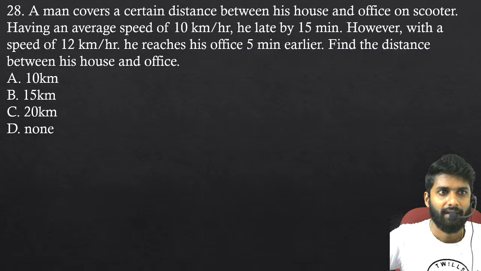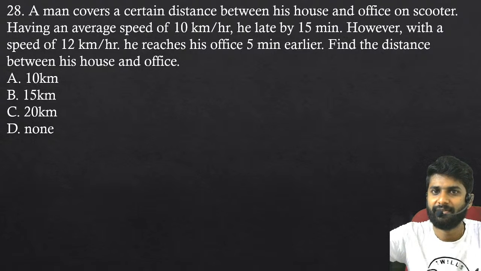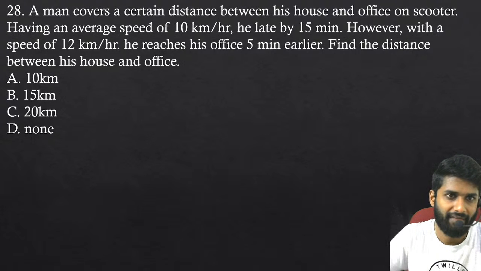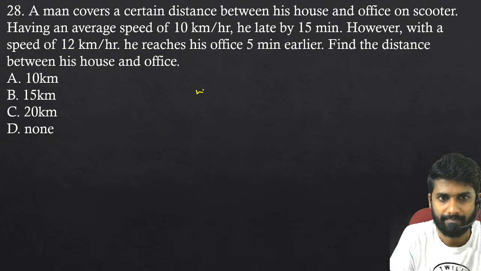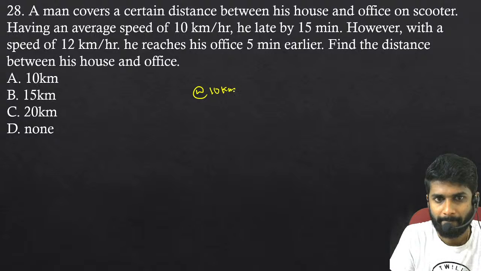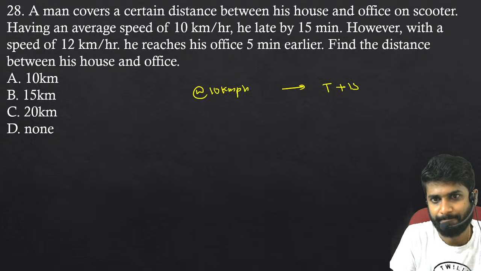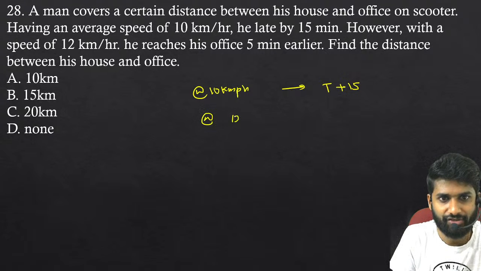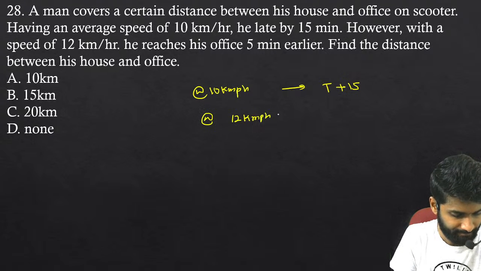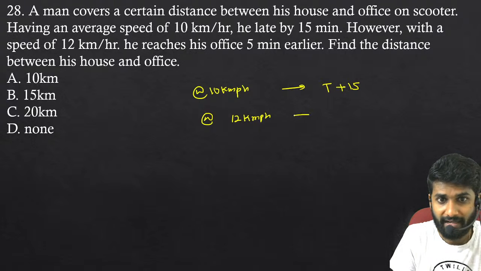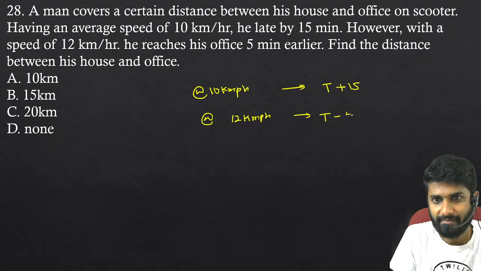See, a man covers a certain distance from house to office on a scooter at an average speed of 10 kilometers per hour. He is late by 15 minutes. If he travels at 12 kilometers per hour, he reaches 5 minutes earlier.